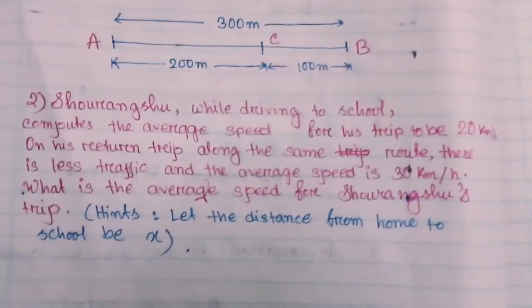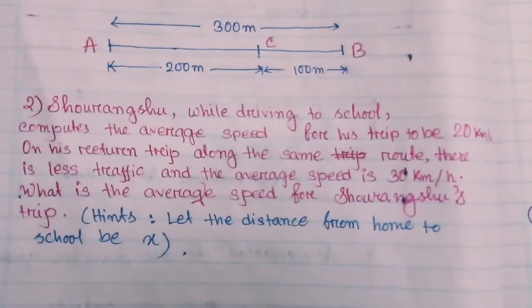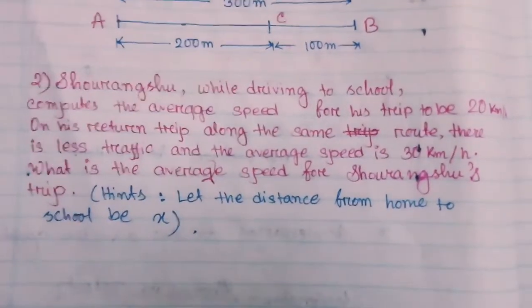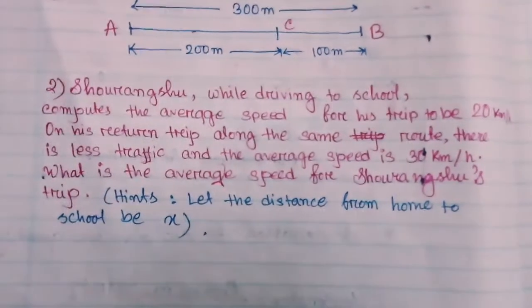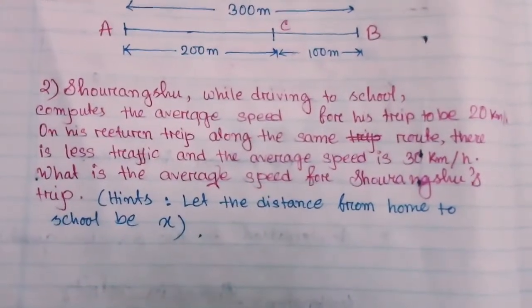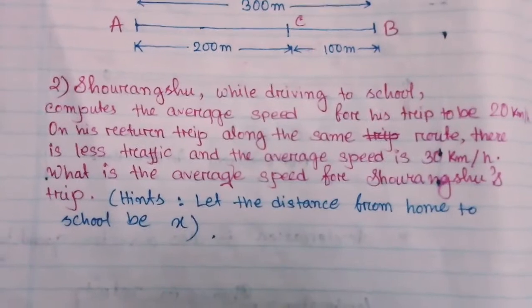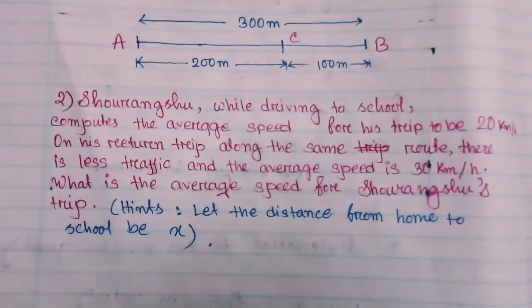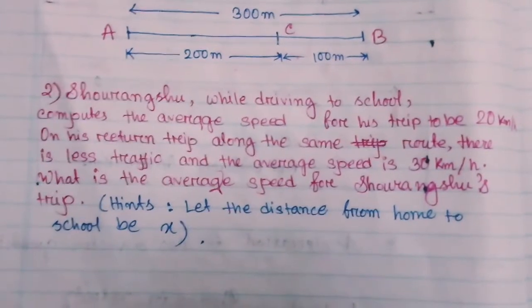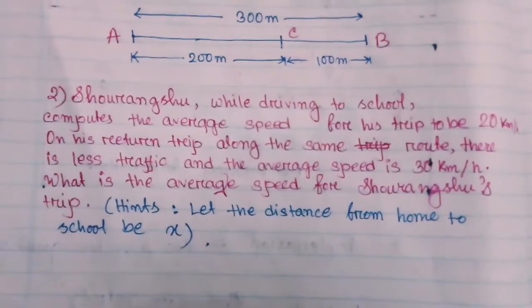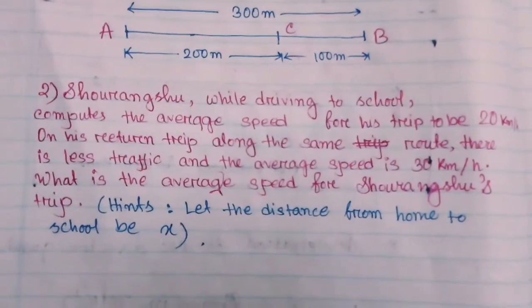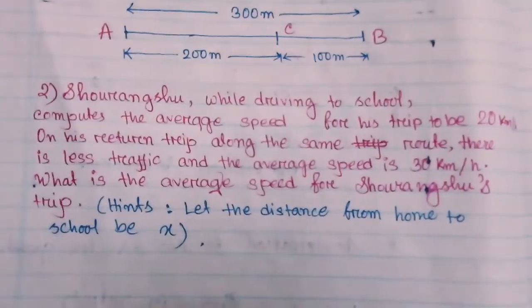So what is the average speed for Shourangshu's trip? I have given a hint: take the distance from home to school as x. If you can do the homework, do it, and next day I will give the PDF of the solutions. So thank you, best of luck.